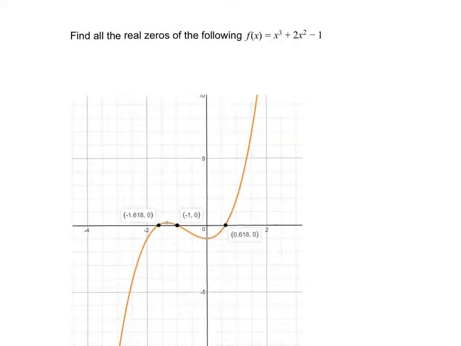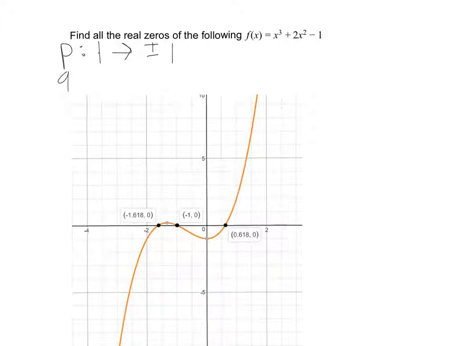We want to find the real zeros of x cubed plus 2x squared minus 1. So again, we're going to start with listing all of the potential rational zeros. Our constant, p, is 1. So its factors are positive and negative 1.